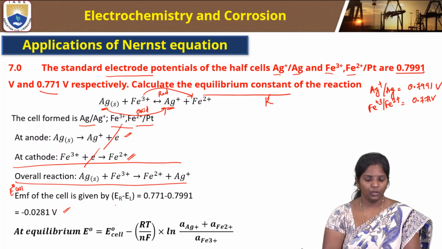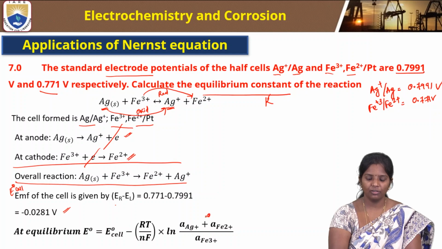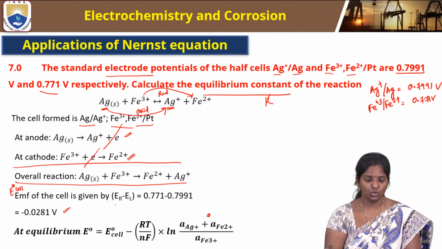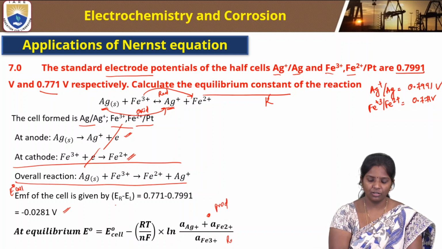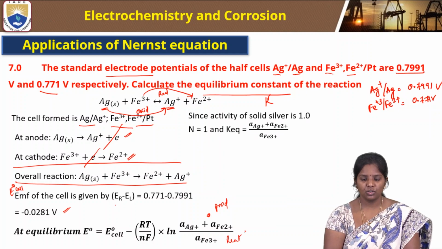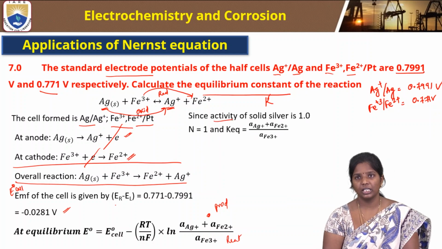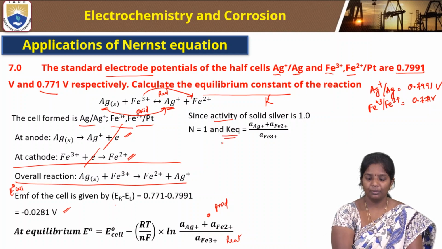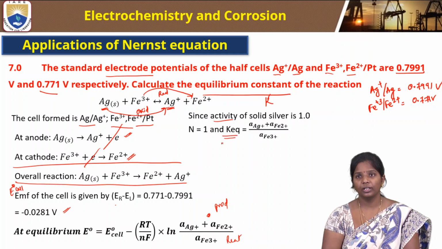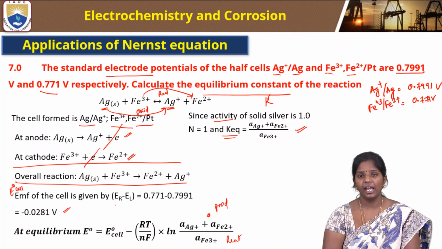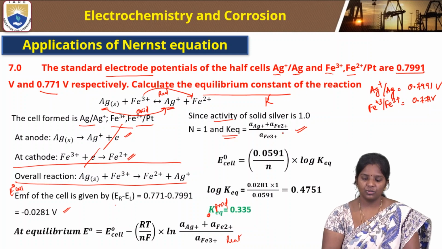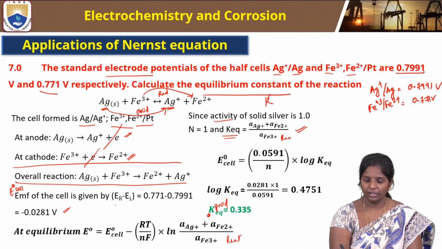So at equilibrium, what happens? We take the activity of the products and the reactants. E is equal to E naught cell minus RT by nF into ln of activity of product by activity of reactant. On substitution, since the activity of a solid is always taken as 1, at equilibrium this is the activity of Ag plus times activity of Fe plus 2 by activity of Fe plus 3, which is the reactant.